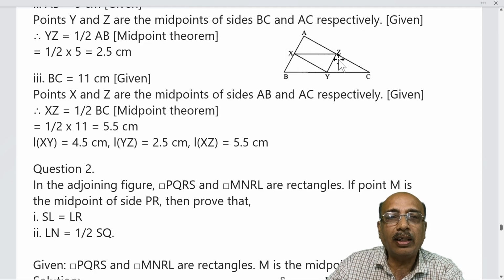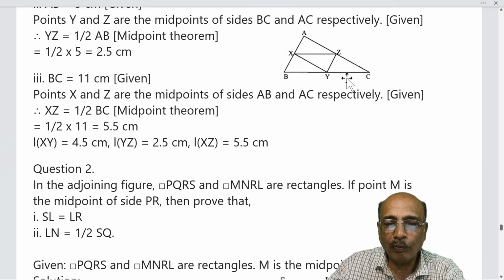X and Z are the midpoints of sides AB and AC. Therefore, XZ equals half of BC by the midpoint theorem, and BC is 11. Therefore, XZ equals half of 11, which is 5.5 centimeter.